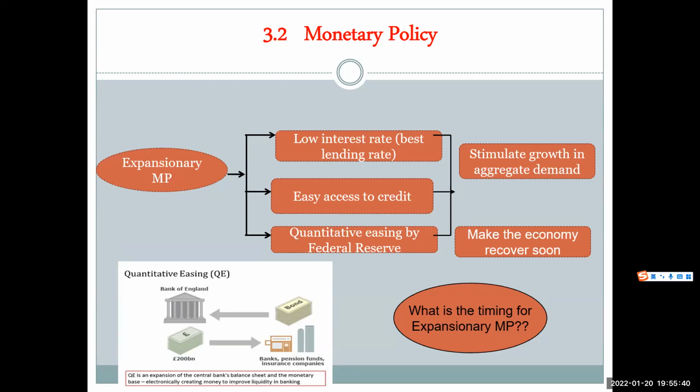For expansionary monetary policy, for example, we keep low interest rates, so it will stimulate growth in aggregate demand, right? So we make access to credit easy, and we also have quantitative easing by the Federal Reserve, making the economy recover soon. So again, what's the timing for expansionary monetary policy?